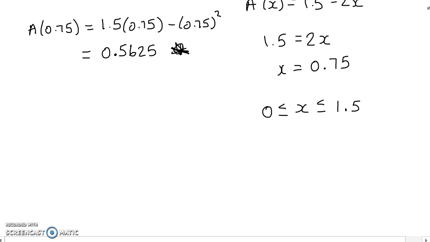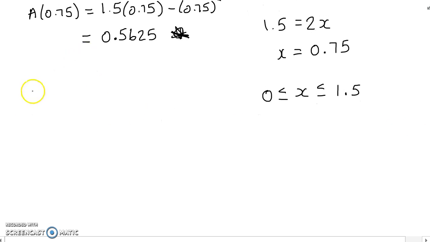optimization point. So we're going to plug in for 0, and that just comes out to 0. And if we plug in for 1.5, that again comes out to 0.